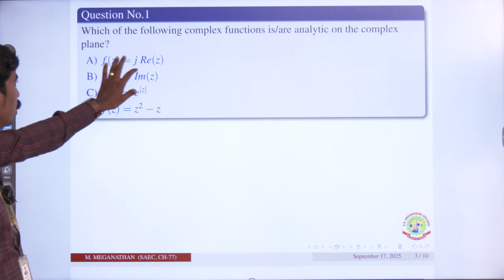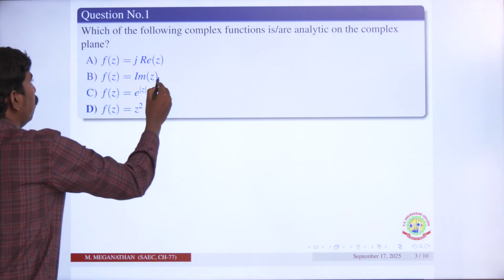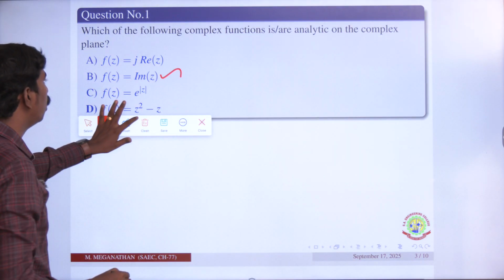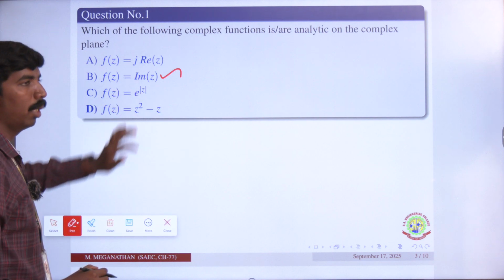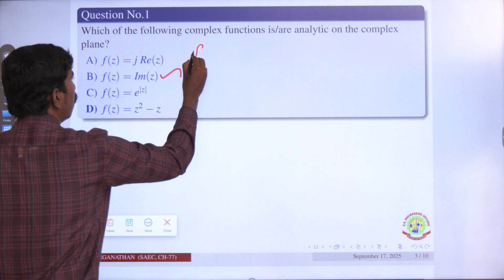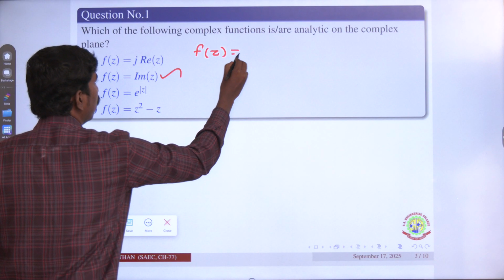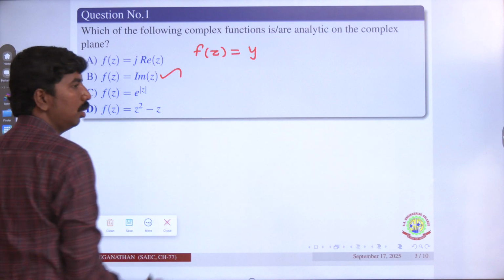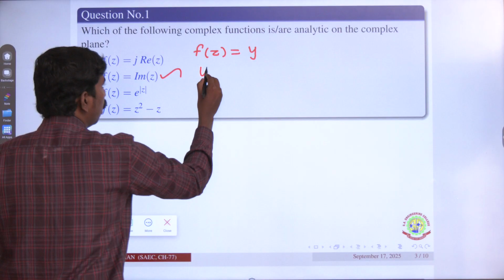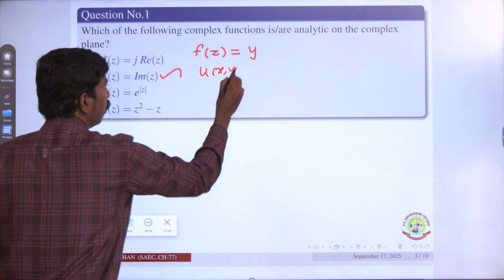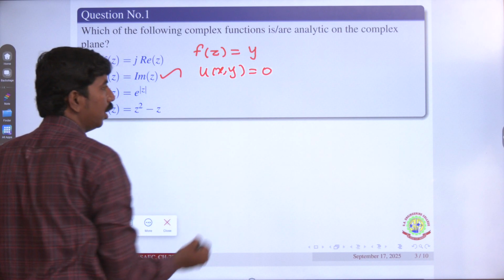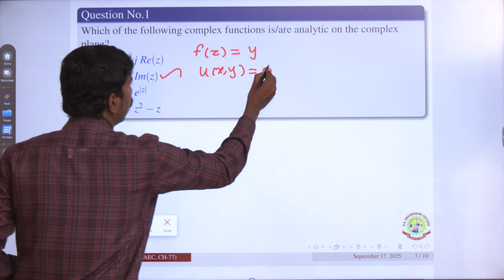As with the first one, now I need to verify f of z equal to the imaginary part of z. How can we write this one? F of z equal to the imaginary part of z is simply y. So from this, u of x comma y is y.